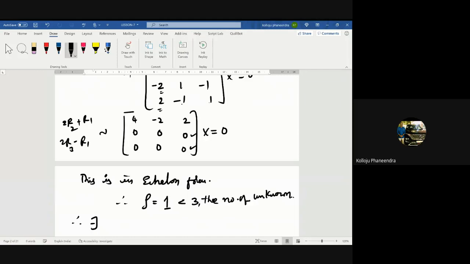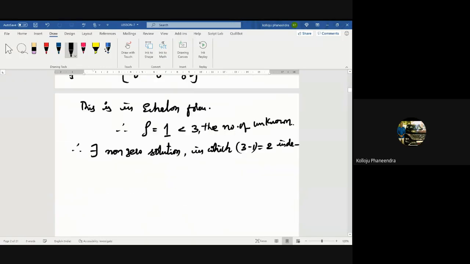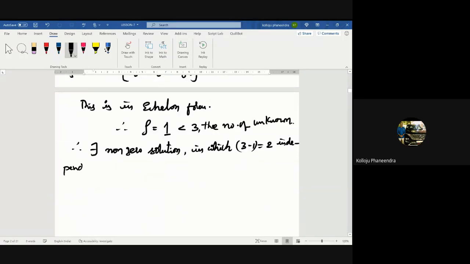Therefore, there exists a non-zero solution to the homogeneous system, in which 3 minus 1 equal to 2 independent variables exist.